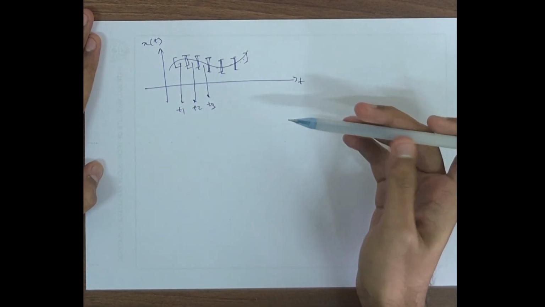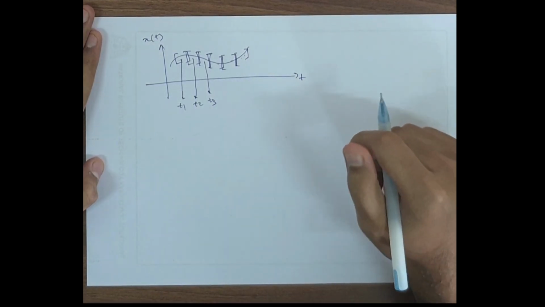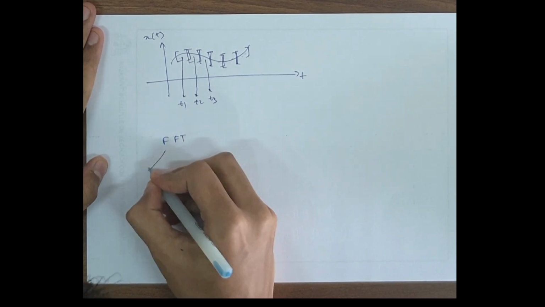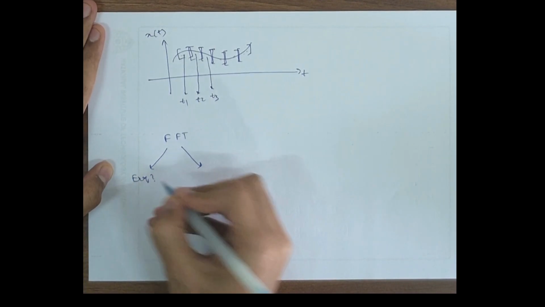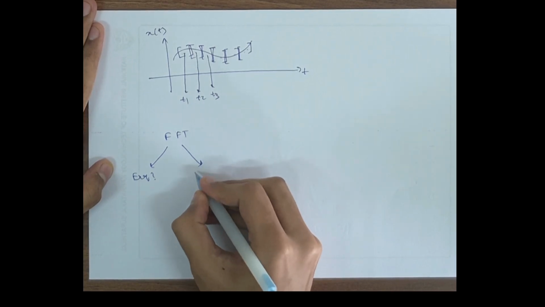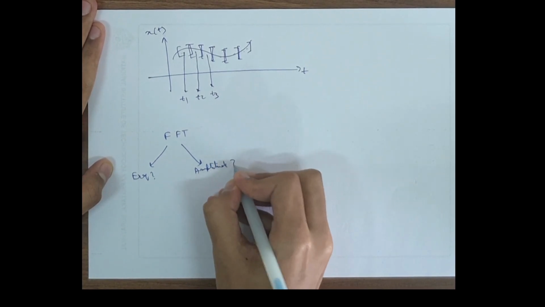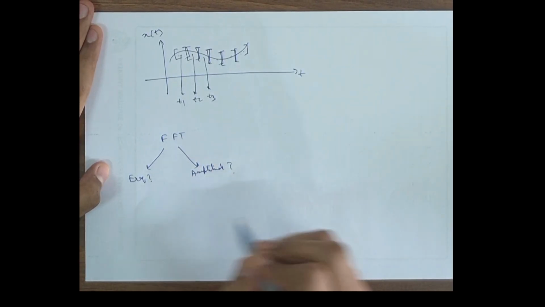Now, why do it? Why are we chopping it into slices and calculating the FFT? Because earlier the FFT was giving me only two things: what frequencies are present in the signal, and what the amplitudes of those frequencies are. So earlier the FFT was answering only these two questions.